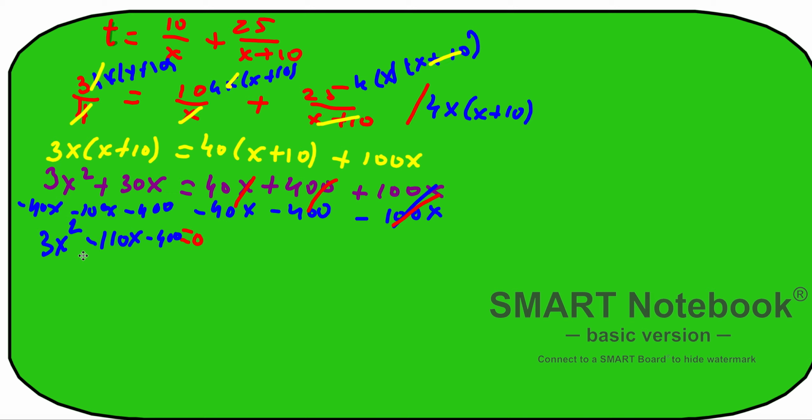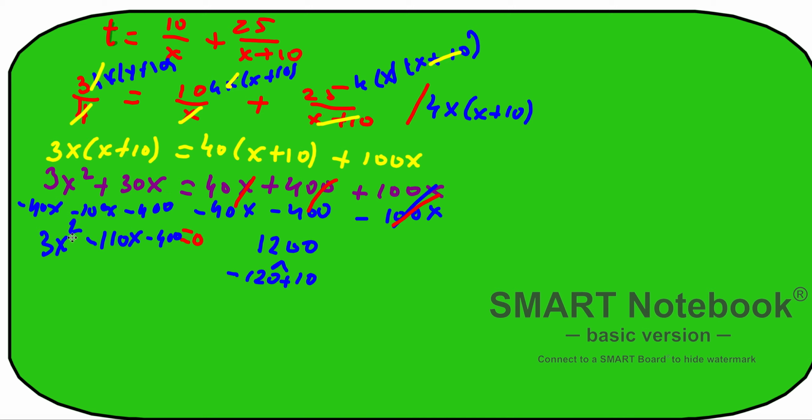Now I want to factor this one. 3 times 400 is 1200. I'm looking for a good factor pair of 1200 that I can use to reach minus 110. The good factors are minus 120 and plus 10.